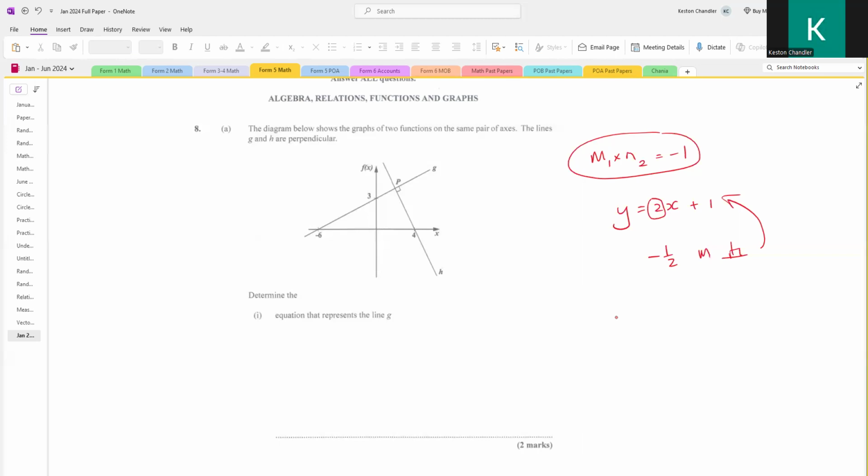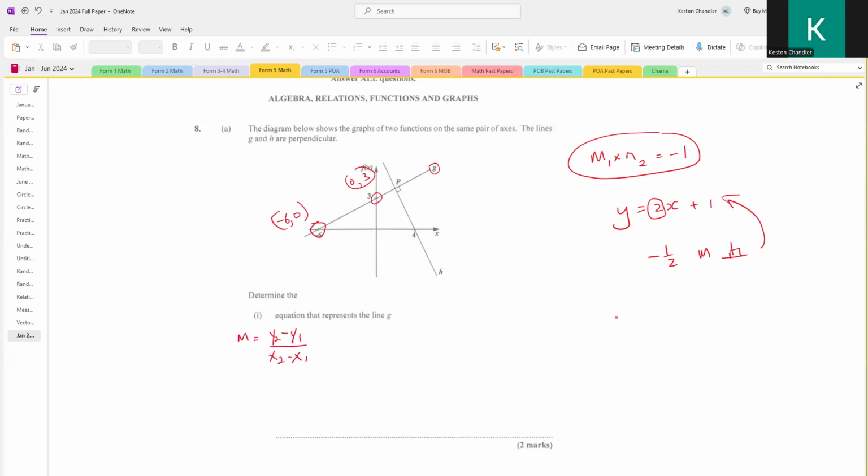So let's look at some points that we have here. This point is the point (-6, 0). This is another point here, (0, 3). So this is on the line G. If we want to write the equation for the line G, what we need to do first is find the gradient. Gradient will be y2 minus y1 over x2 minus x1.